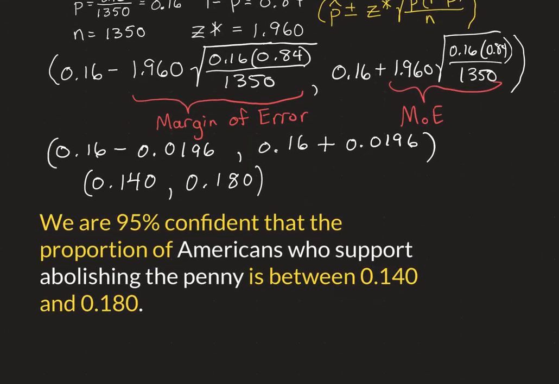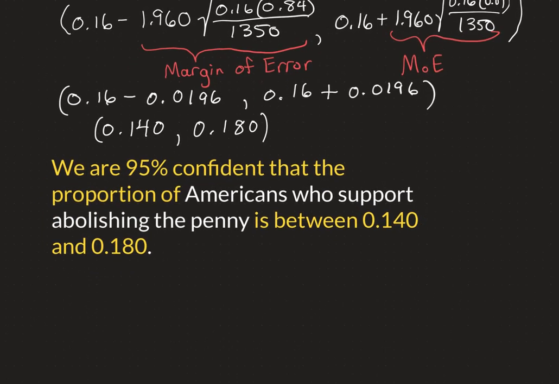So we can say that we are 95% confident that the proportion of Americans who support abolishing the penny is between 0.140 and 0.180. However, usually when we are speaking to the public, we say things like we are 95% confident that the proportion of Americans who support abolishing the penny is between 14.0% and 18.0%.